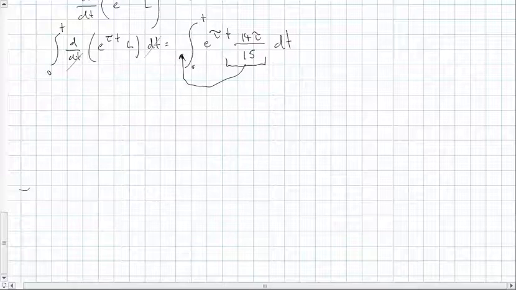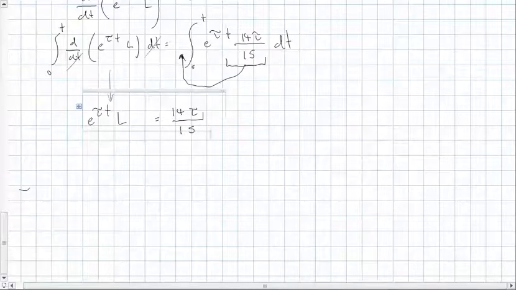The left-hand side cancels, and we basically pull this down directly. So you have e^(tau t) L equals 14 tau over 15 times 1 over tau.